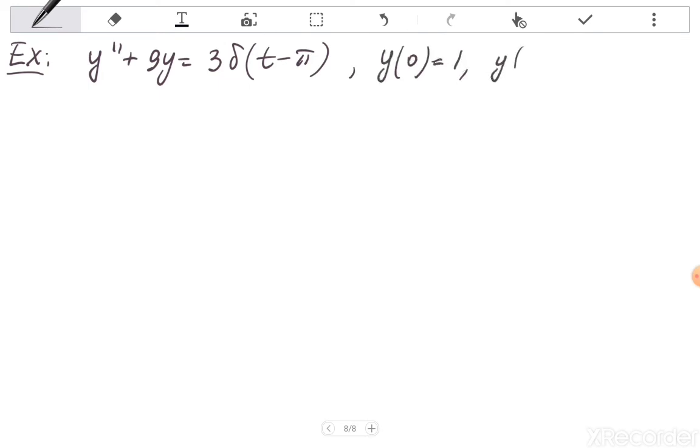For example, let's say we have this differential equation with the initial values 1 and, let's say, 0 here. So what we do, we apply the Laplace transform to both sides of the equation. Here we get s squared Y(s) plus 9Y(s), and this one is the Laplace transform of delta t minus pi.